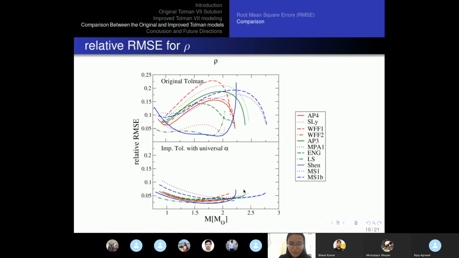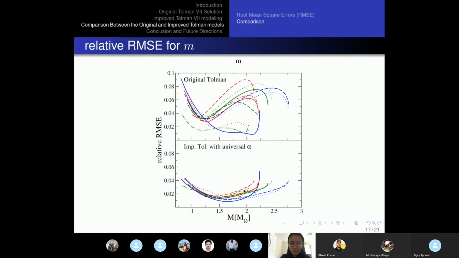So for the density case, for all the 11 equations of state pictured here, the red ones are the soft equations of state, the green ones are intermediate, and the blue ones are stiff. You can see that we have a pretty good improvement for nearly all equations of state, especially for the soft ones, which are more favored by the discovery of LIGO.